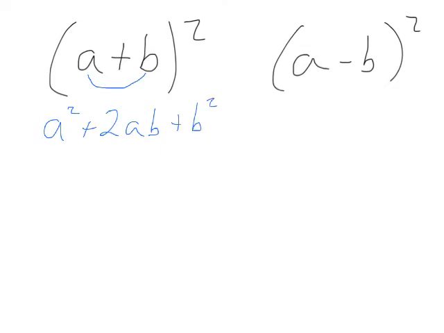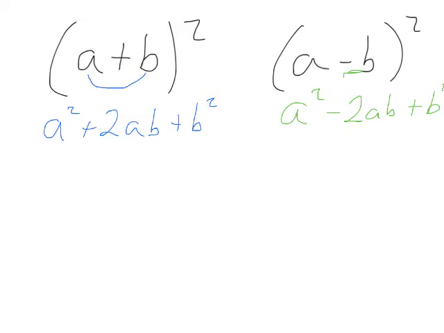Now the only thing that changes slightly is when I'm using an (a minus b) quantity squared. I know the first term will still be a squared, because that's a times a, but the middle term, a times negative b, will be negative 2ab, and negative b times negative b, a negative times a negative is always positive. So I get plus b squared.